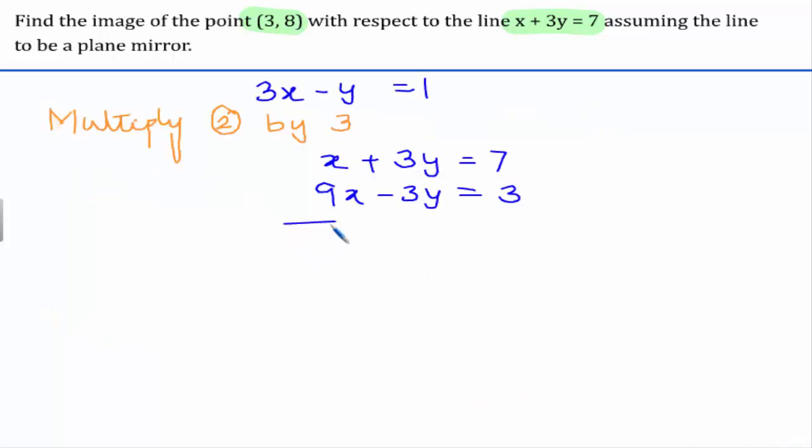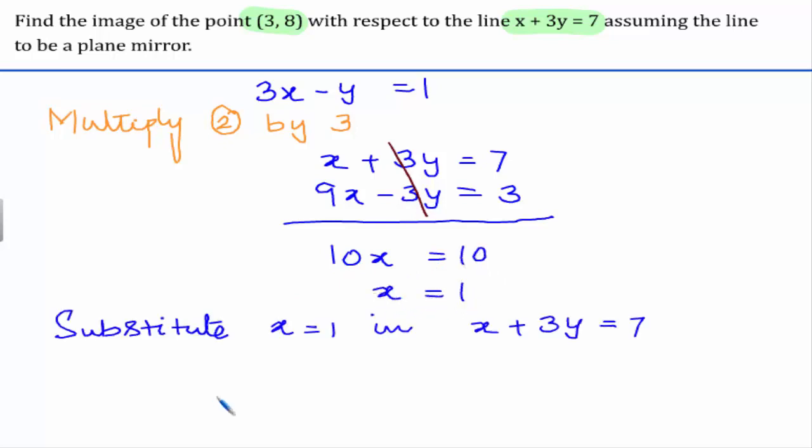Now let us add both equations. Then 3y minus 3y gets cancelled. We get 10x is equal to 10. So x will be 1. Now let us substitute x is equal to 1 in the equation x plus 3y is equal to 7. Then we get 1 plus 3y is equal to 7.